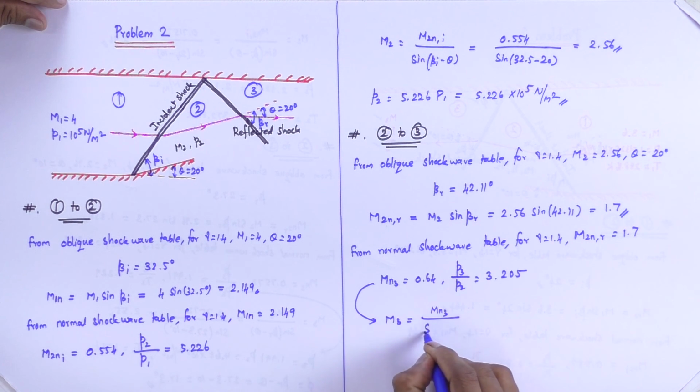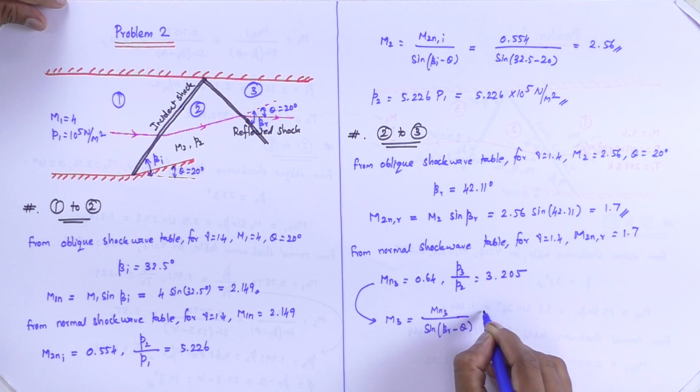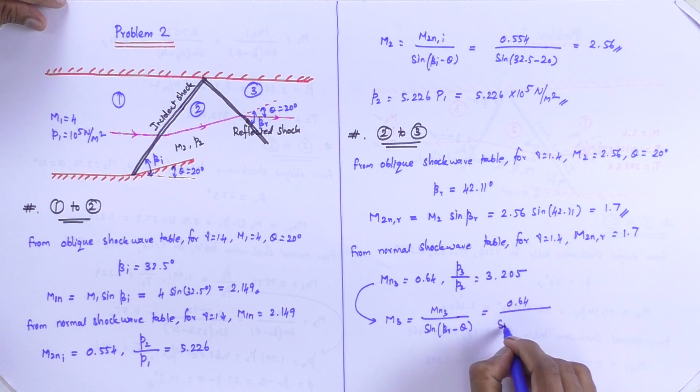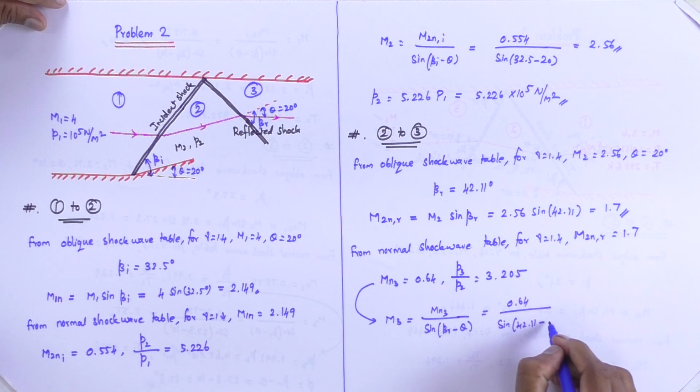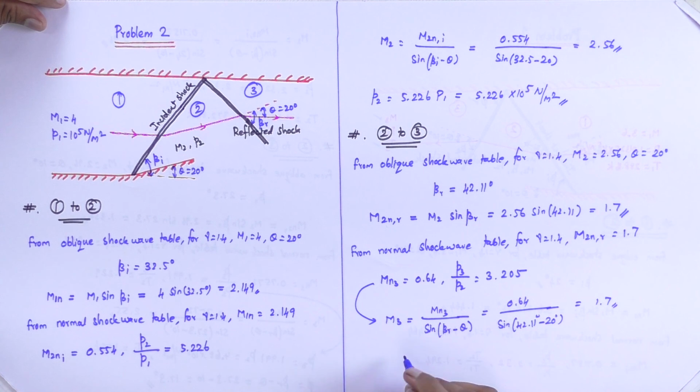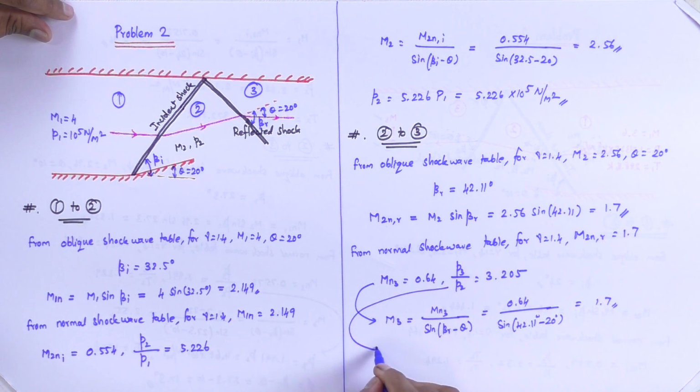Then from this downstream triangle you can say M3 is equal to Mn3 divided by sine of the reflected shock wave angle minus the flow turning angle, that is 0.64 divided by sine of 42.11 minus 20 degree. So this is equal to 1.7. Then from this ratio we can calculate the P3 value, that is 3.205 times the P2 value.